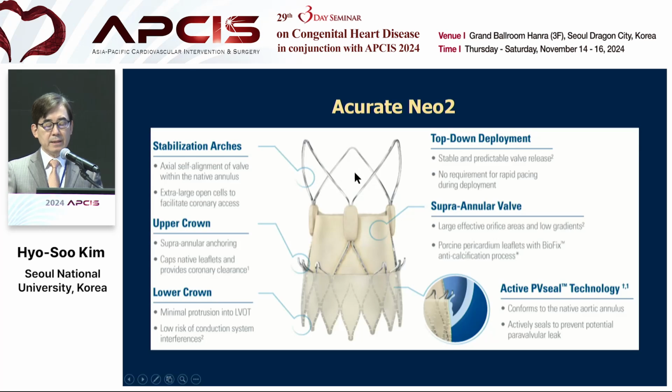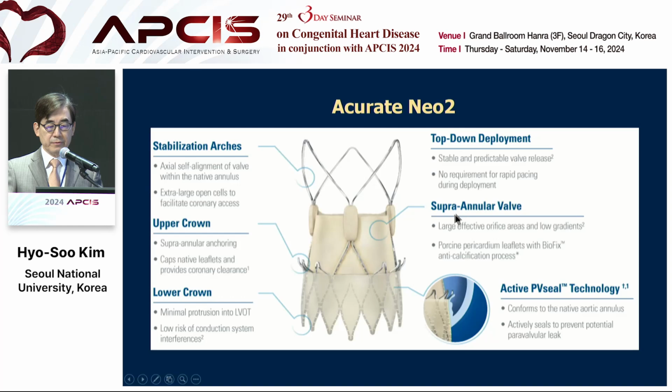Thus, we can adjust coaxiality of the device and ascending aorta before final deployment. The lower crown is the final deployed part that is surrounded by an active seal. The suture is redundant. Thus, this seal may protrude when it meets the regurgitant flow. Thus, it is very effective to reduce paravalvular leakage.